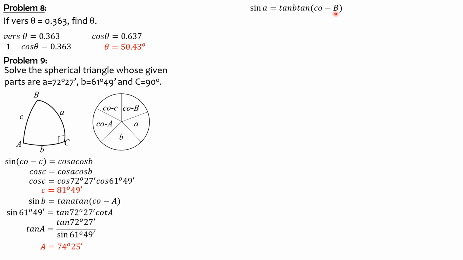So this is simplified into, because this is cotangent of B, and cotangent of B is 1 over tangent of B. So therefore, after cross multiplication, tangent of angle B is equal to tangent of side B over sine of side A. So substituting, tangent of angle B equals tangent of side B, which is 61 degrees 49 minutes over sine of side A, 72 degrees 27 minutes.